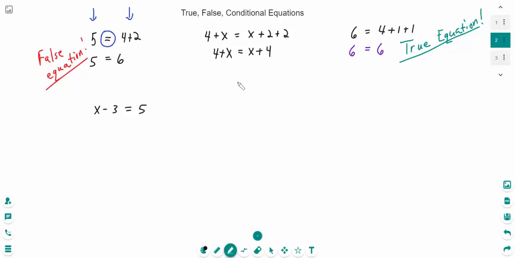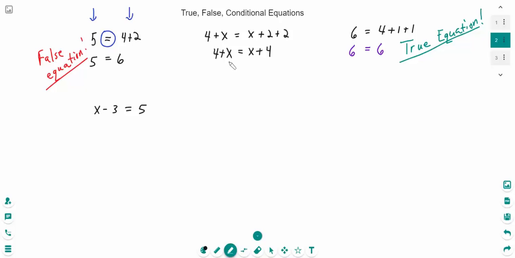All right. Now this is very interesting. Why? Well, look at it closely. What's happening here? We're saying 4 plus x is equal to x plus 4. And if you think about that, doesn't that mean this is a true equation? 4 plus x equals x plus 4. Even though I don't know what the x is, it could be anything, but it doesn't matter.